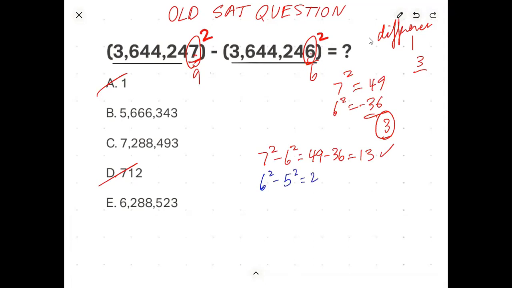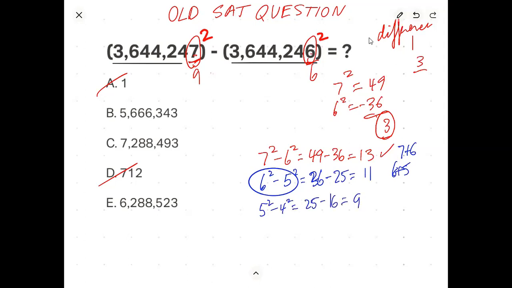That's 36 minus 25, which is 11. And that's just 6 plus 5. And this is 7 plus 6. And then just for giggles, I did 5 squared minus 4 squared, and that's 25 minus 16, which is 9, which is 5 plus 4. So I reasoned that this had to be the sum.